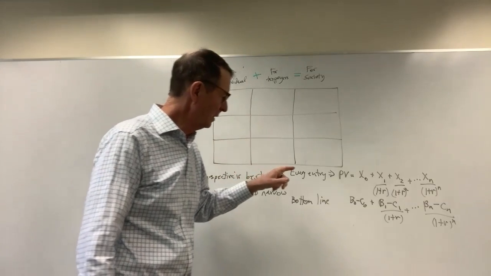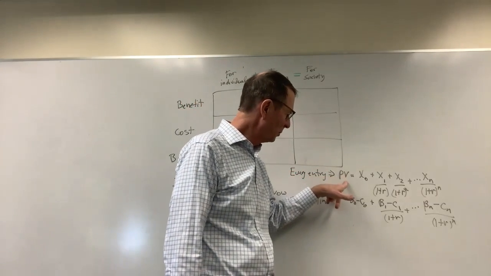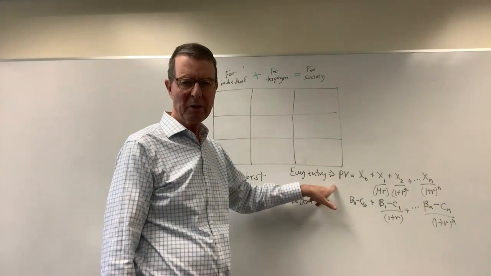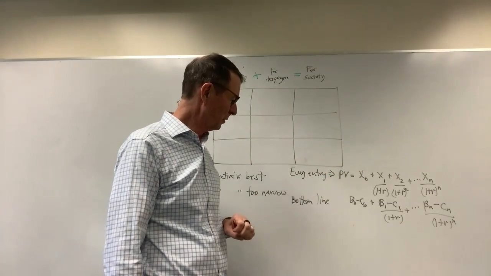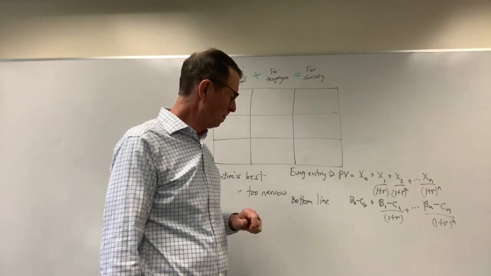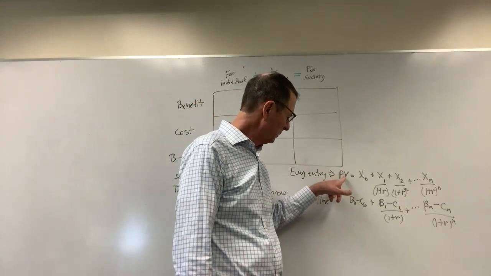Every entry is going to be expressed as a dollar amount in present value. This is taking into account the fact that dollars tomorrow are worth less than dollars today. We'll talk about that in a minute.